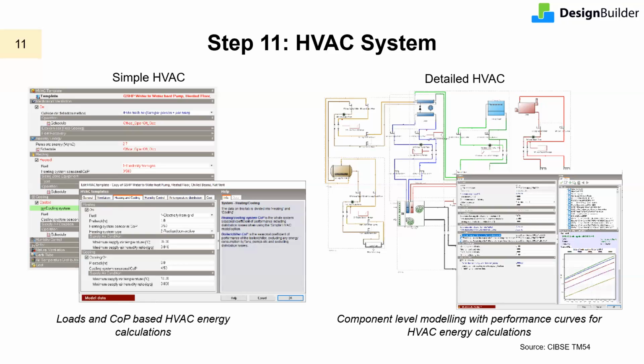Typically in early design stages, simple HVAC modeling is okay as it uses plant loads and seasonal COP values to calculate HVAC energy use. However, at more advanced stages where complex systems and controls are being modeled, then component level modeling with performance curves for HVAC energy calculations is preferred. Typically, as the design evolves, your model will also evolve with these details wherever necessary.